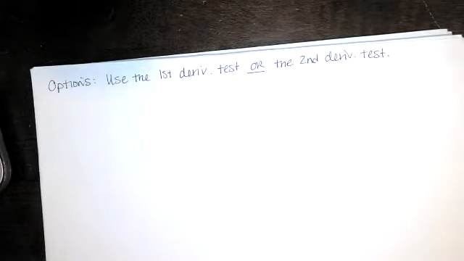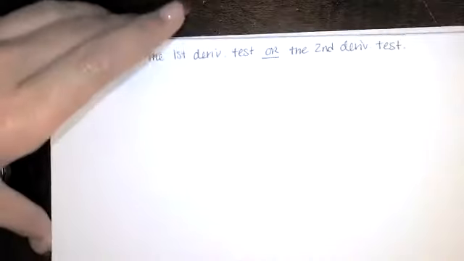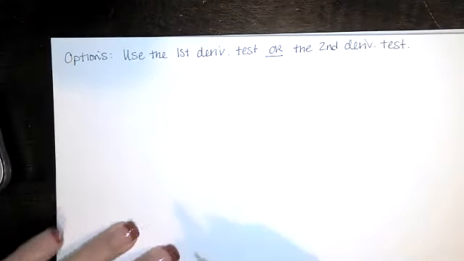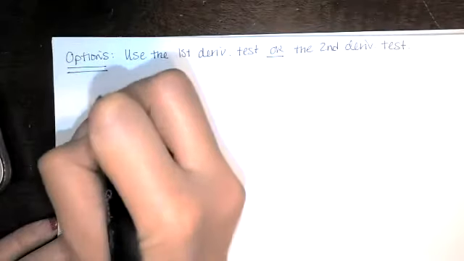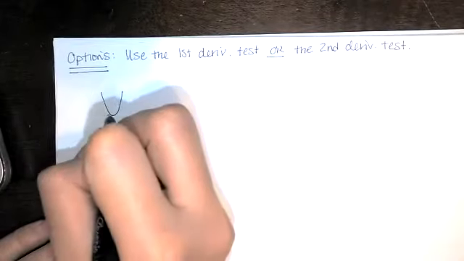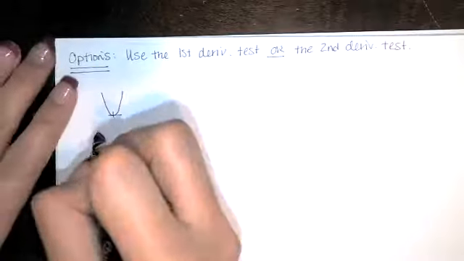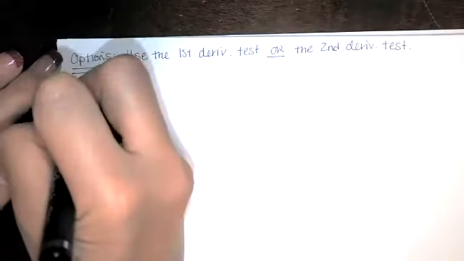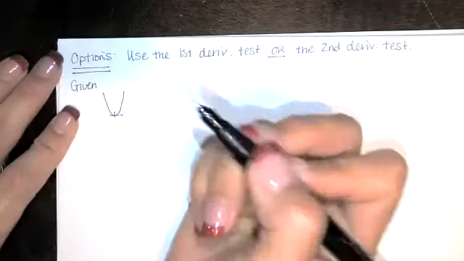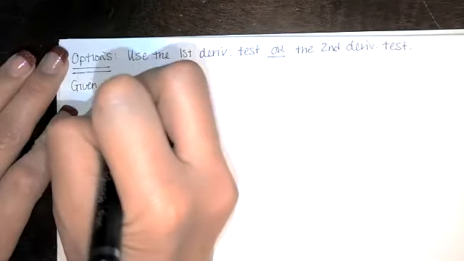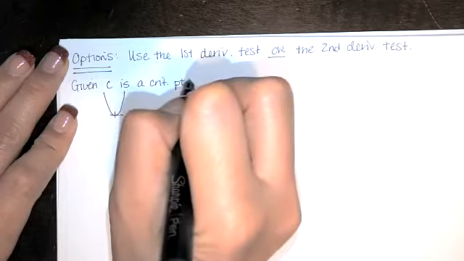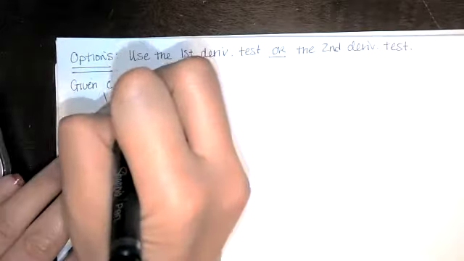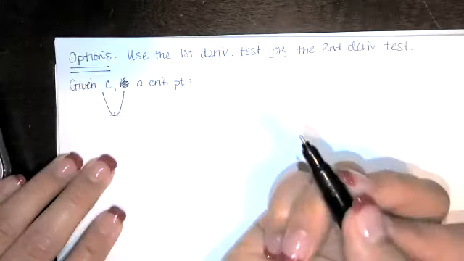Okay, now remember what the first derivative test says. The first derivative test says that if you're at a critical point and the graph looks like this, so let's say we've already found that c is a critical point.